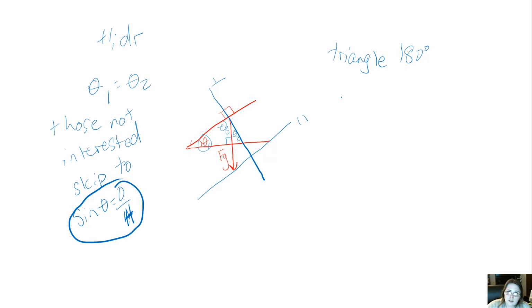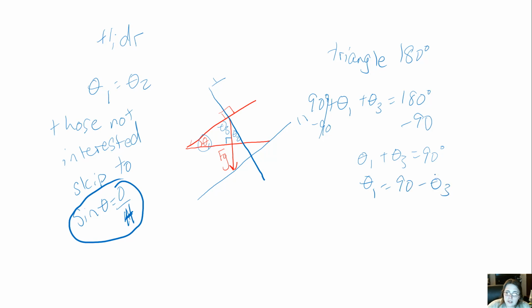So this is going to be theta 1 plus theta 3 plus 90 is equal to 180 degrees. Then we can subtract 90 from both sides. So theta 1 plus theta 3 is equal to 90 degrees. We can solve for theta 1. It's equal to 90 minus theta 3.